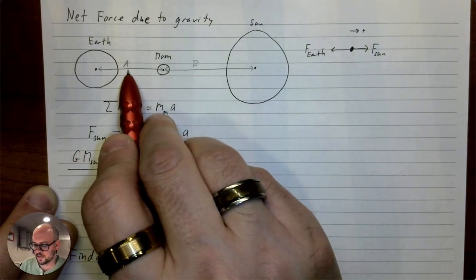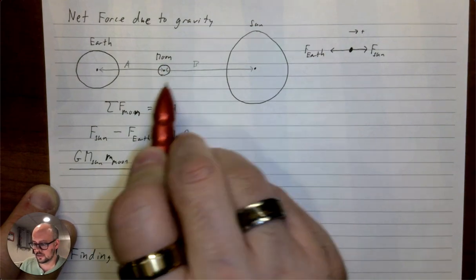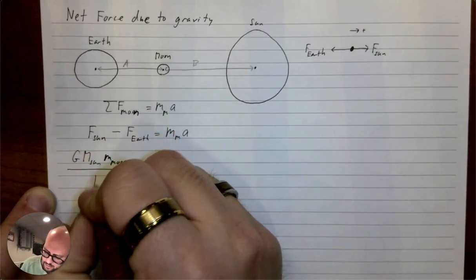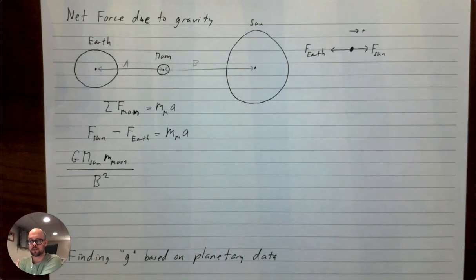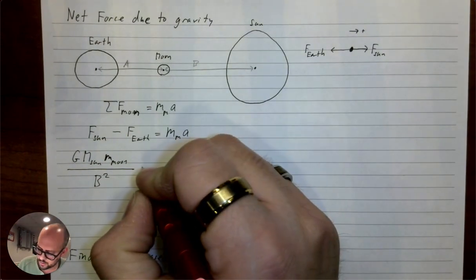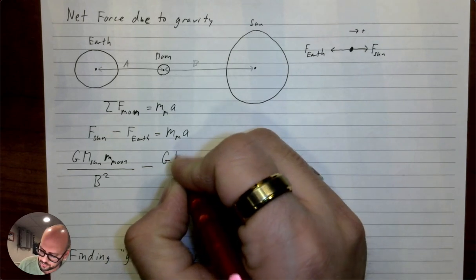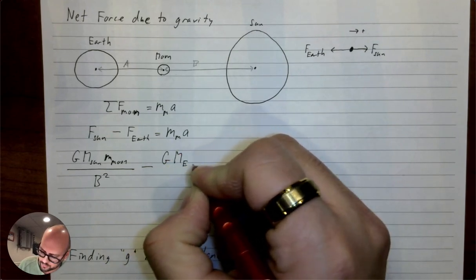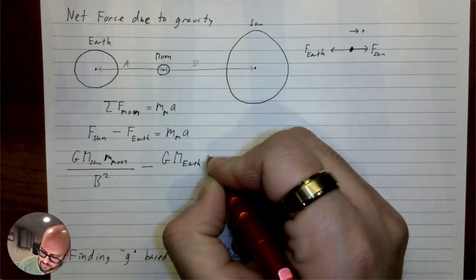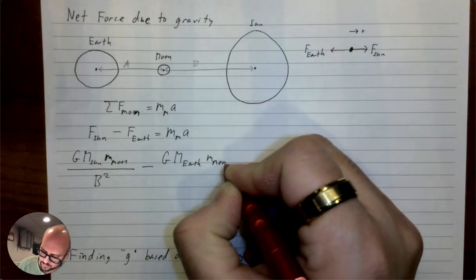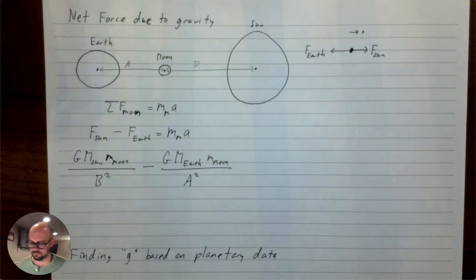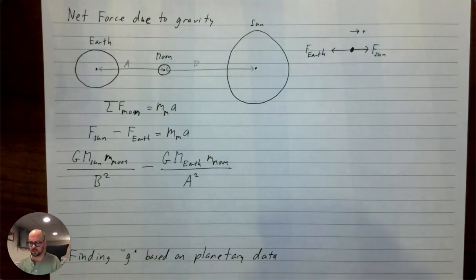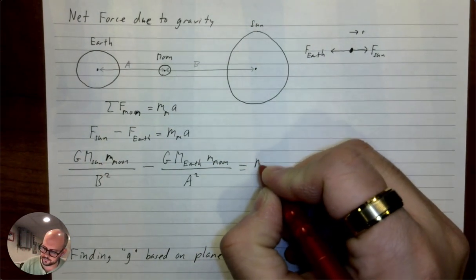Now, I'm going to use A and B as distances, and so that would be distance B squared. So that would be the force of gravity due to the sun. The force of gravity due to the Earth would look like this. And I'm going to use distance A. And that's going to equal mass times acceleration.